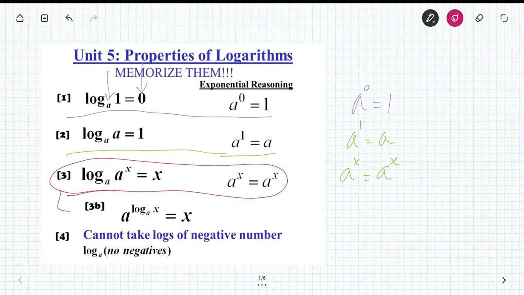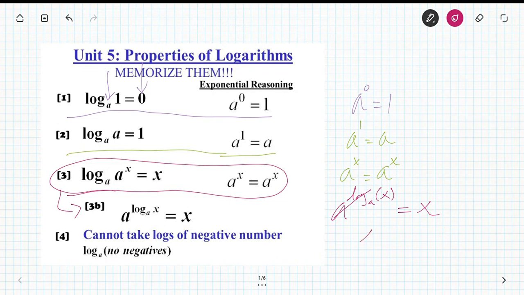And as an add-on, you have A to the power of log base A of x equals x. So essentially what happens here is that you have an exponential expression in which you have an exponent as a log term. So that basically ends up negating it, or it's an inverse operation.